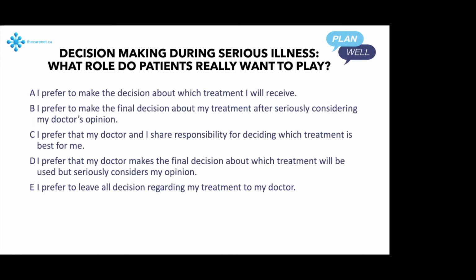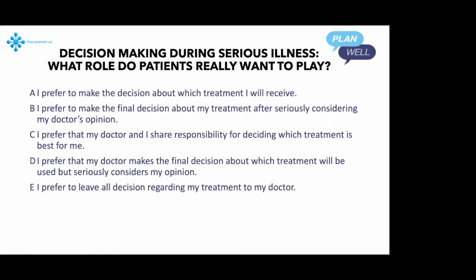And as I read through these, think about the patients that you work with, and what your experience is in terms of what the most common preferred role is that people want to play when making decisions about serious illness. Is it A, I prefer to make the decision about the treatment which I will receive? B, I prefer to make the final decision about the treatment, but seriously consider my doctor's opinion. C, I prefer that my doctor and I share responsibility for deciding.